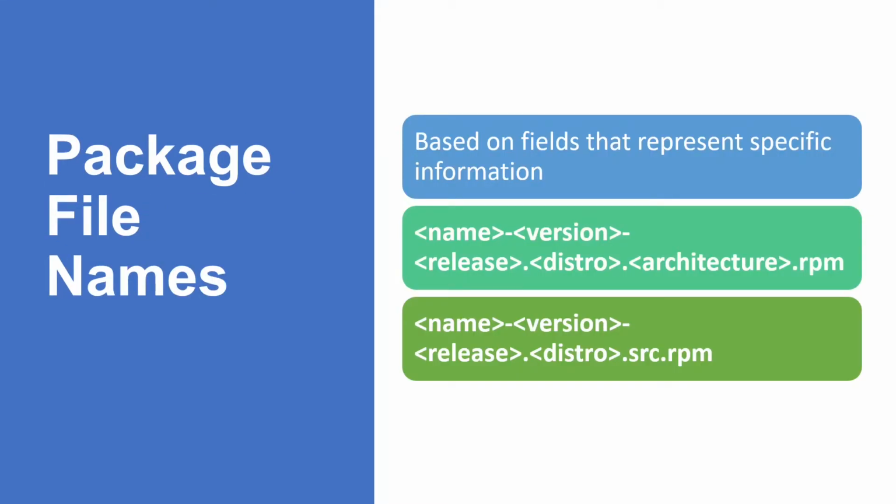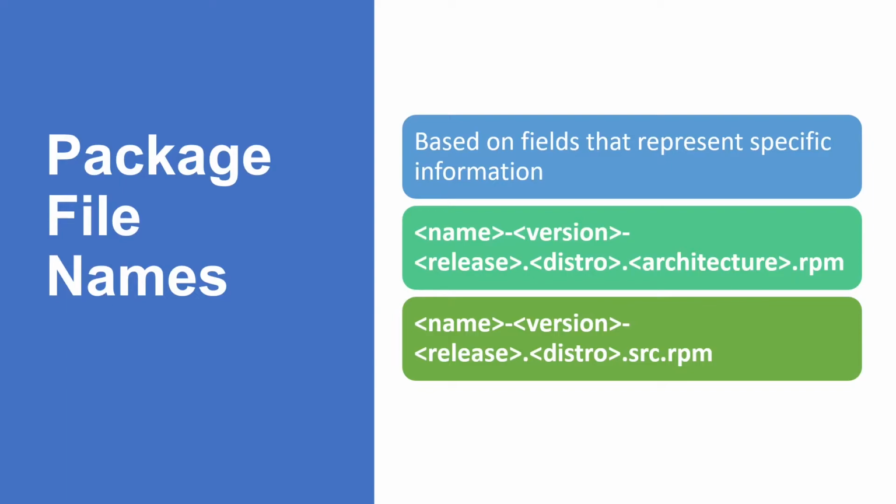Package file names. RPM package file names are based on fields that represent specific information as documented in the RPM standard. The standard naming format for binary RPM packages is name, version, release, distro, architecture.rpm.